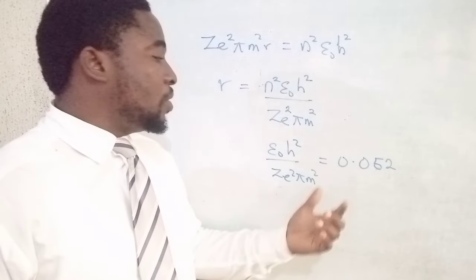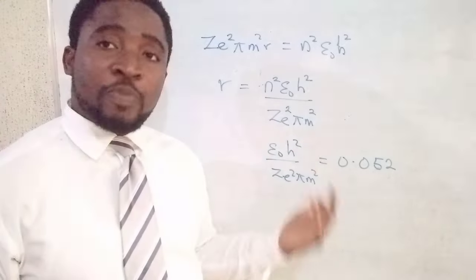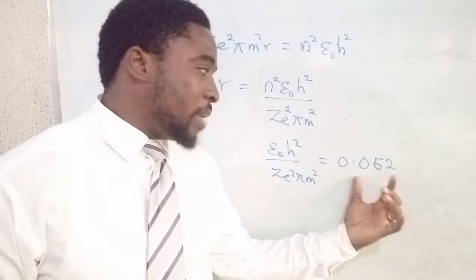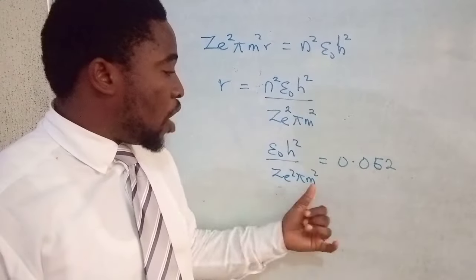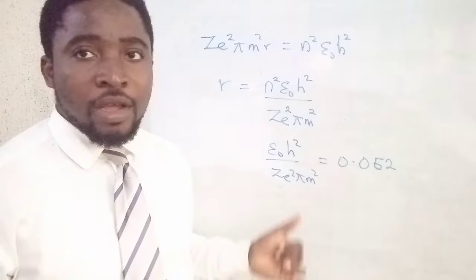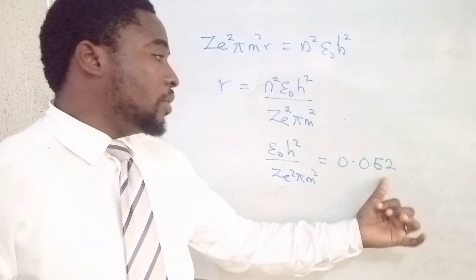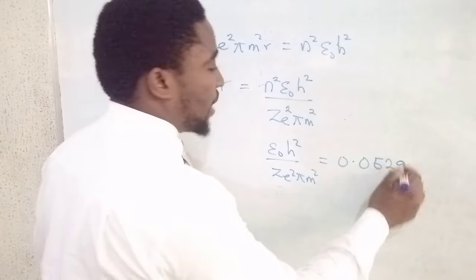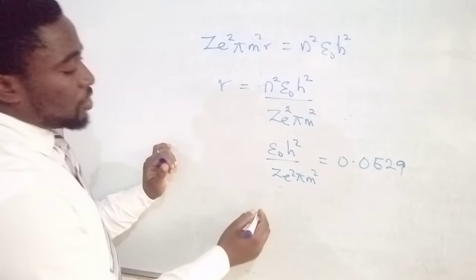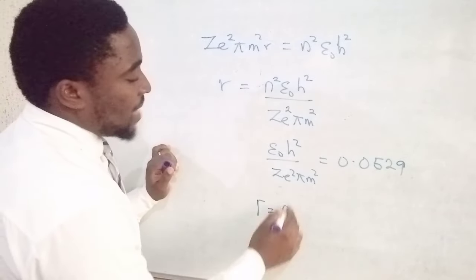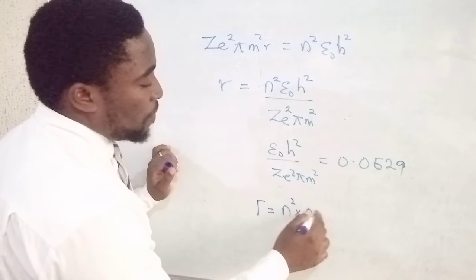So when you substitute and put the permittivity of free space, which has also a constant value, almost everything here is a constant. So when you put all the constants together, you arrive at this value 0.0529. Okay? So that means my Bohr's radius will now be reduced to n squared times 0.0529.